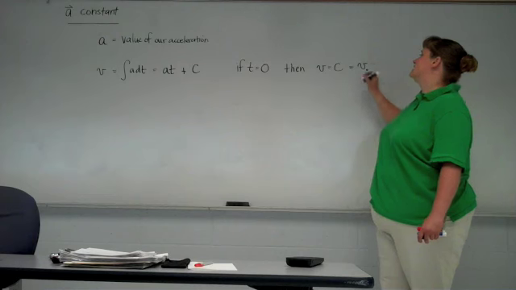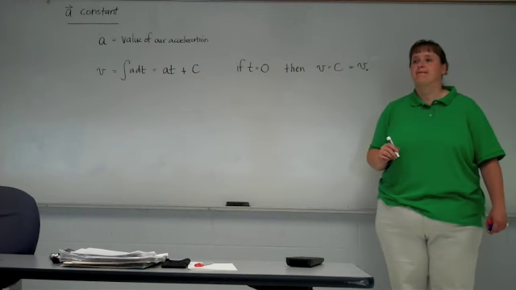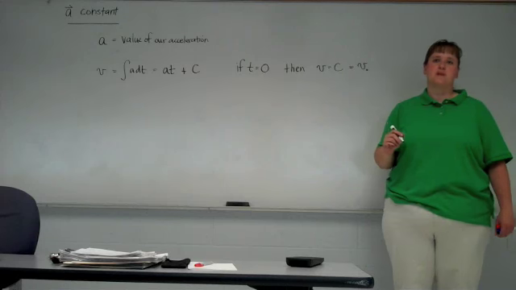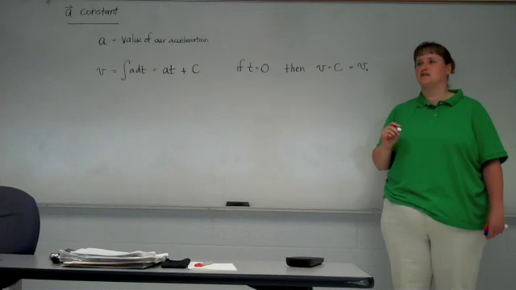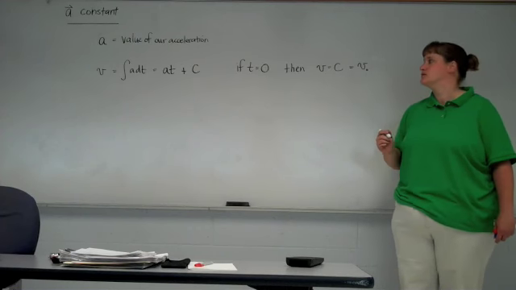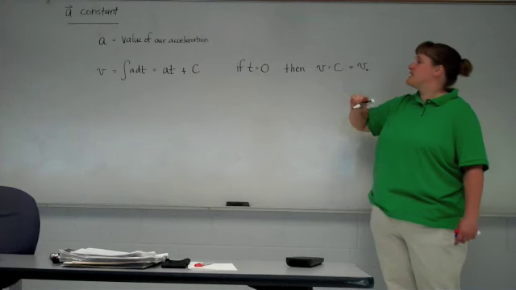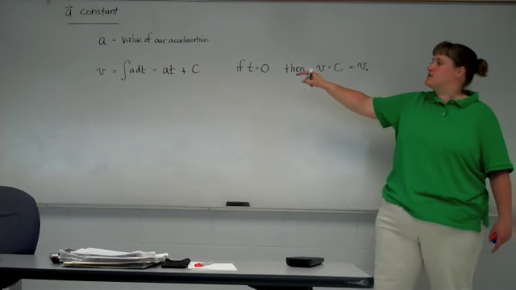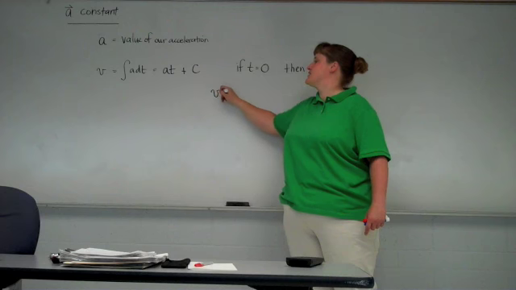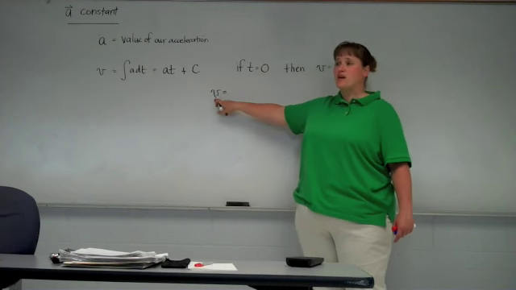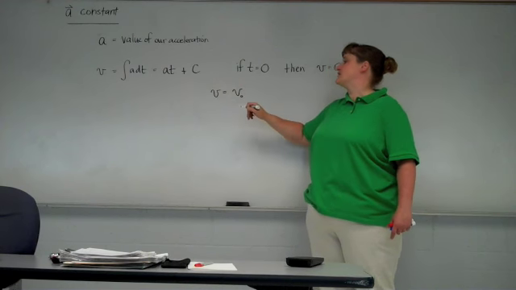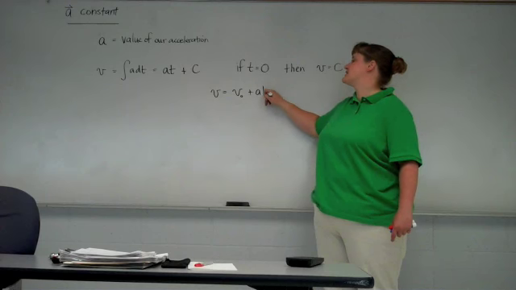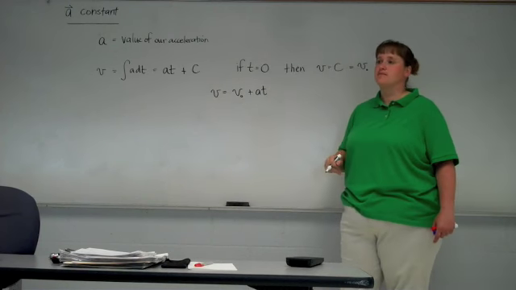We're going to call it v naught. The little 0 will represent our initial value. You can use a little i if you like, i for initial. That's fine too. What this means, if we plug this back in for c, is that the velocity at any point in time is equal to the initial velocity value plus the acceleration times time.